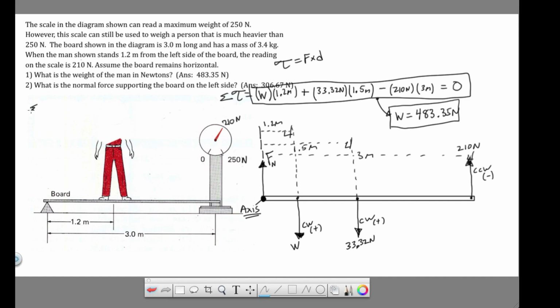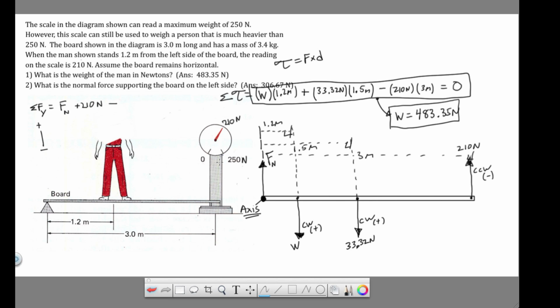So summing the forces in the y direction, we have over here normal force up, which is what we're looking for. And then over here, we have plus 210 newtons. So both of those are positive because they point up. So our sign convention for summing the forces, we're just saying up is plus, down is minus. This is no longer clockwise, counterclockwise. Force just cares about up, down, left, right.